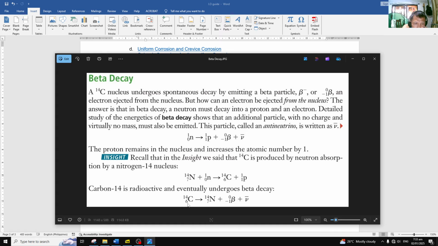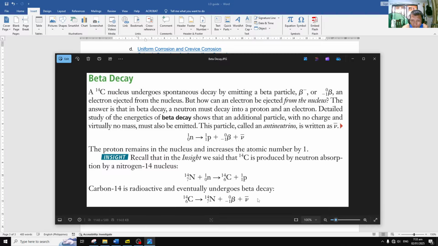Just like the beta decay of carbon-14. Carbon-14 is being used to measure radiocarbon dating, which is for half-life, another topic. So your carbon dating material disintegrates or undergoes a beta decay.